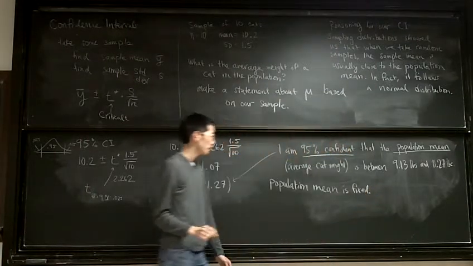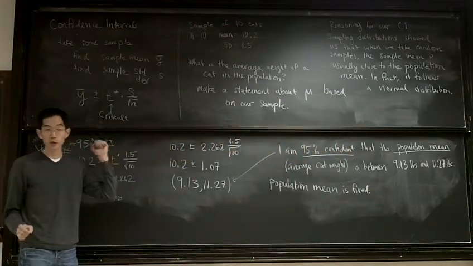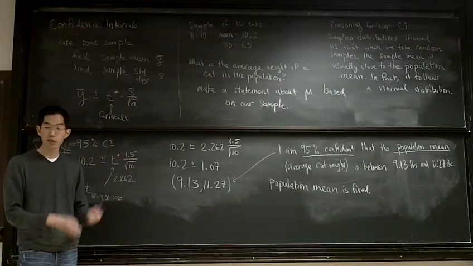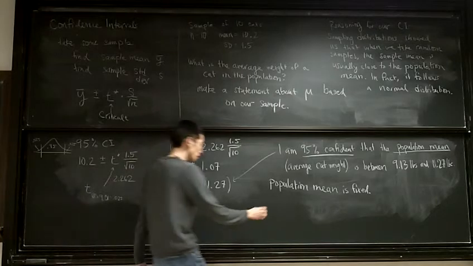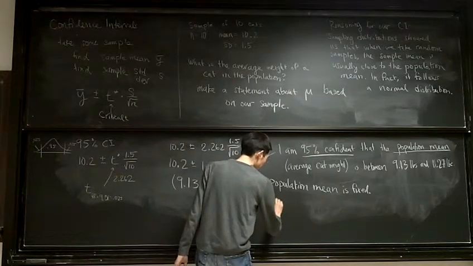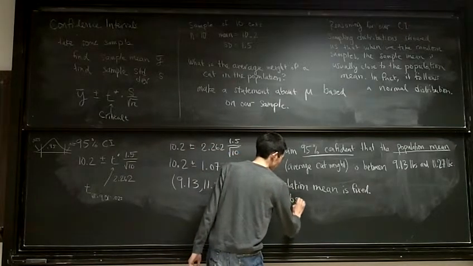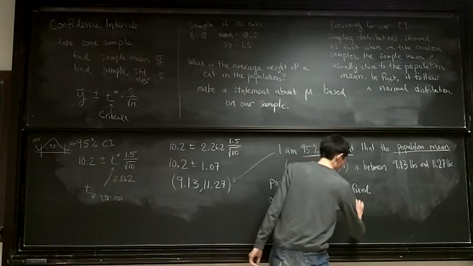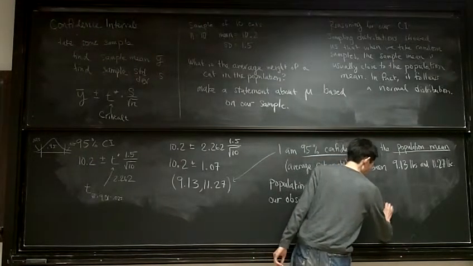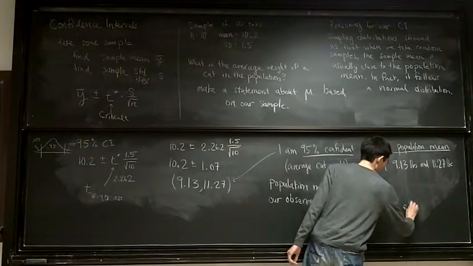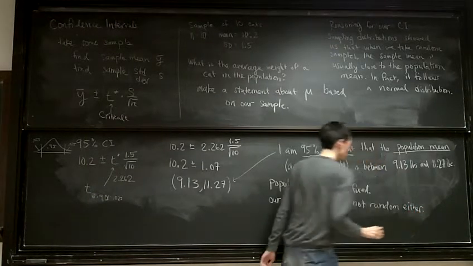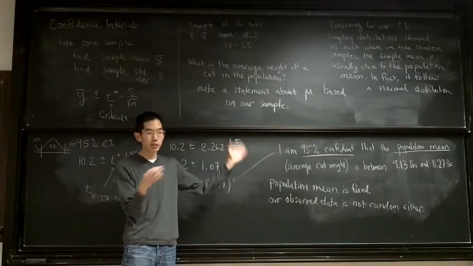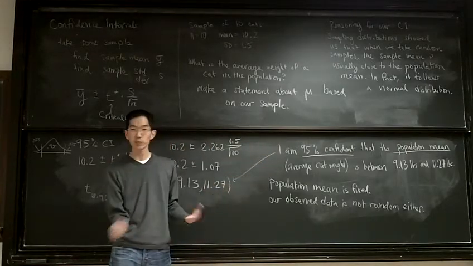We've taken our sample and we've observed our data. Our data is no longer random once we've observed it. The mean in the population, the average cat weight, doesn't care what our sample looks like.